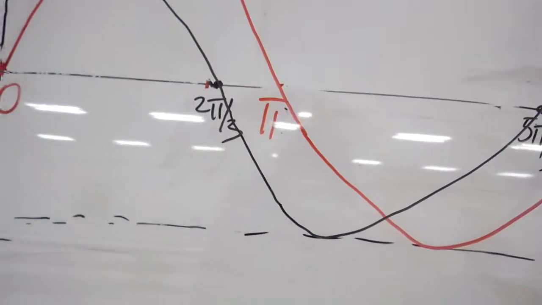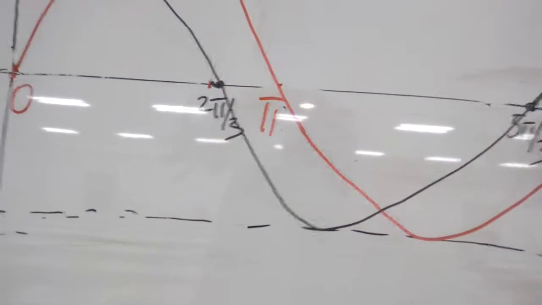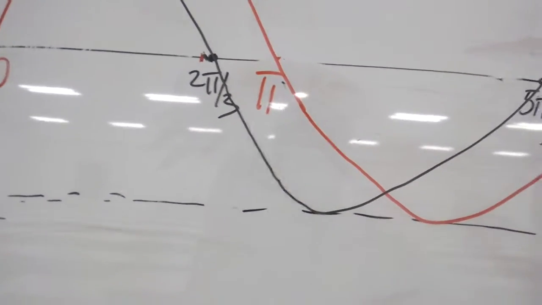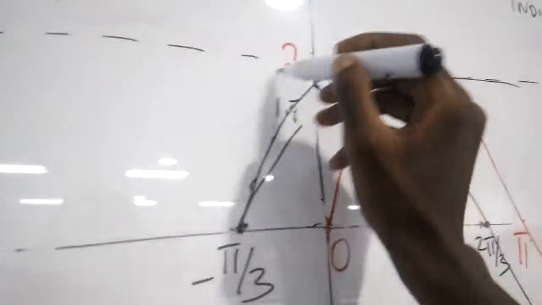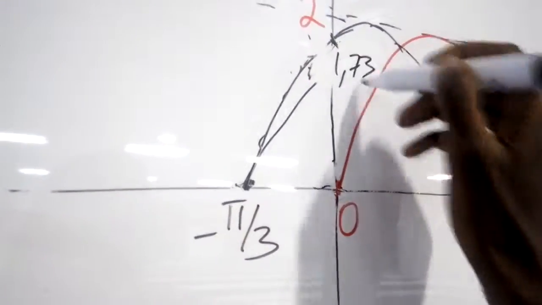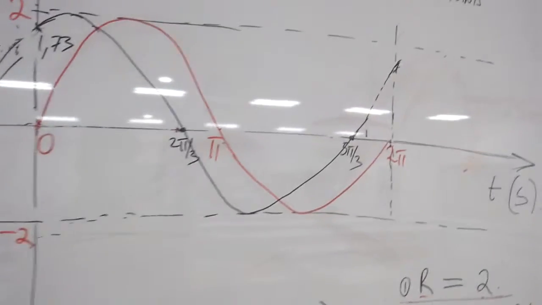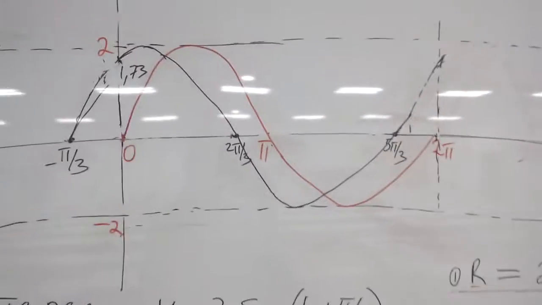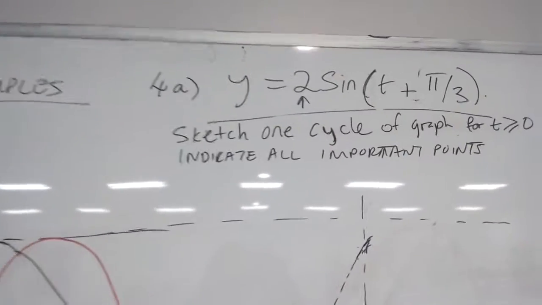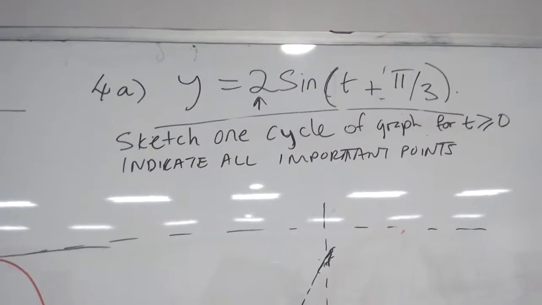We just show that this is where we end, in dots like that. That value is where it crosses 1.73. So that is all on this graph. Now I've drawn the graph y equals 2 sine t plus pi over 3 using the properties.